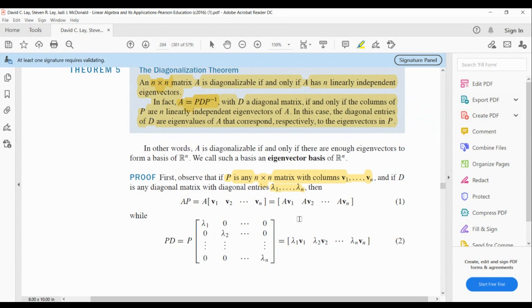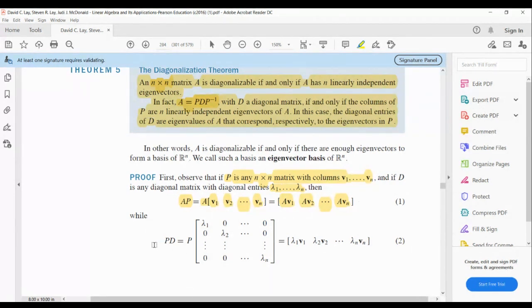So if we want to multiply the matrix A times the matrix P, whose columns are those vectors v1 up to vn, then by the definition of matrix multiplication, you can write the column vectors as you see here, Av1, Av2, up to Avn. So that's what A times P is.